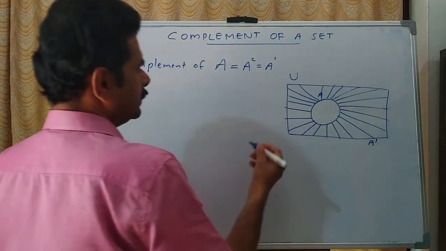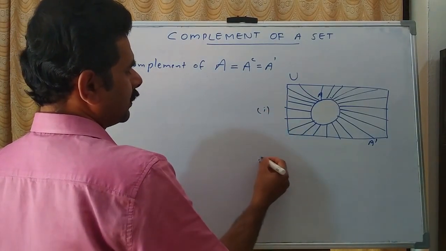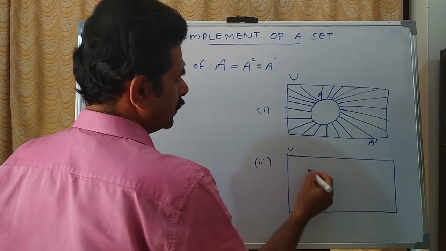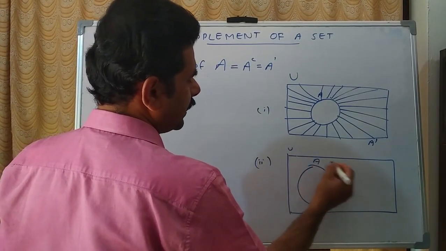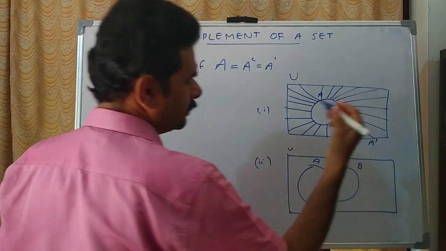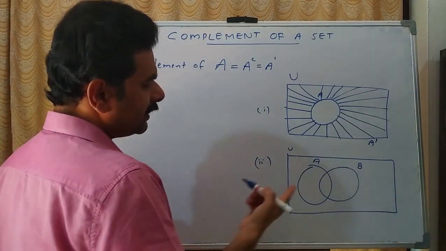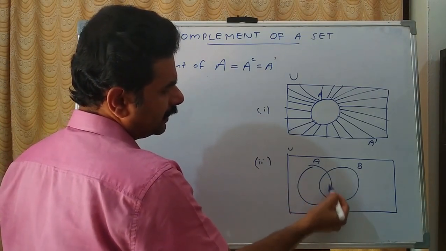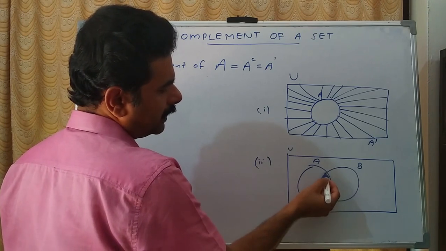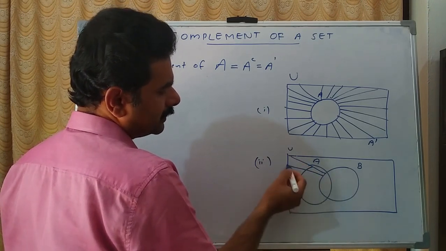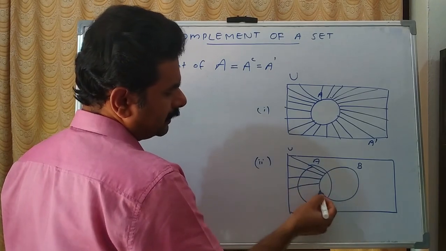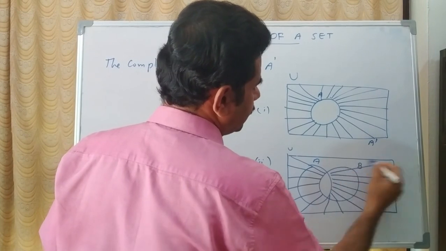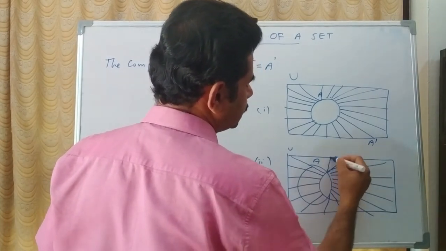Then I am drawing another Venn diagram, a box here which represents the universal set U, and I am drawing two sets such as A and B. Okay, clearly this portion is A intersection B, and I am shading the other part of A intersection B. The whole part other than A intersection B is shaded within the universal set.